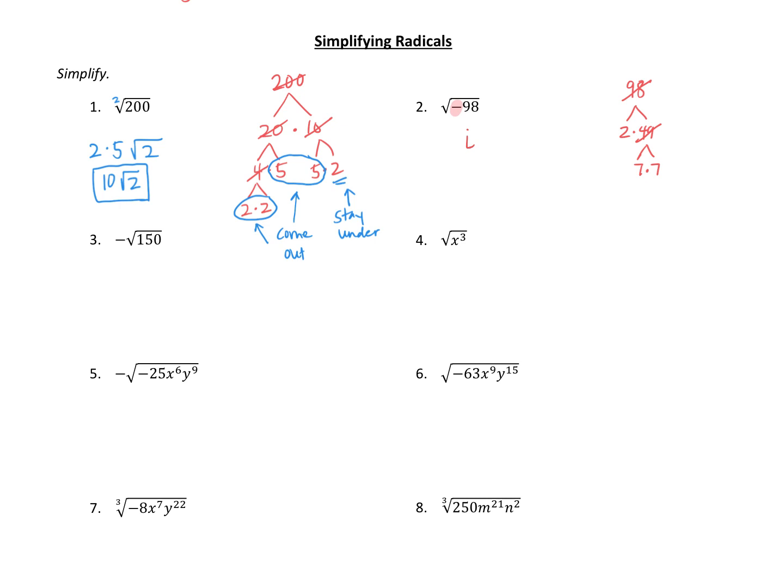We have a pair of 7's, so that's going to come out, and then we have a leftover 2 that's going to stay under. So we'll have a 7 out front with the i, and the 2 stays under the radical. So we'll have 7i times the square root of 2.